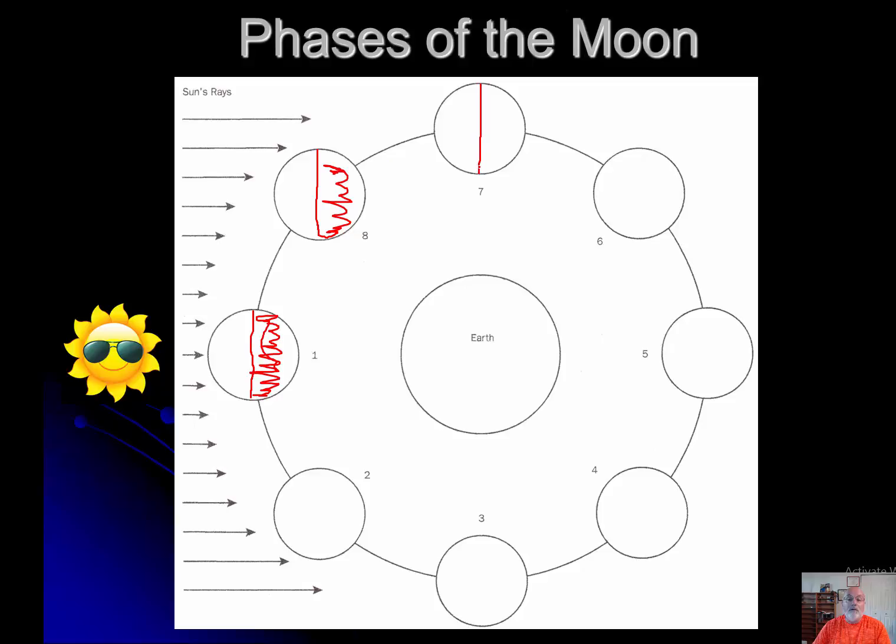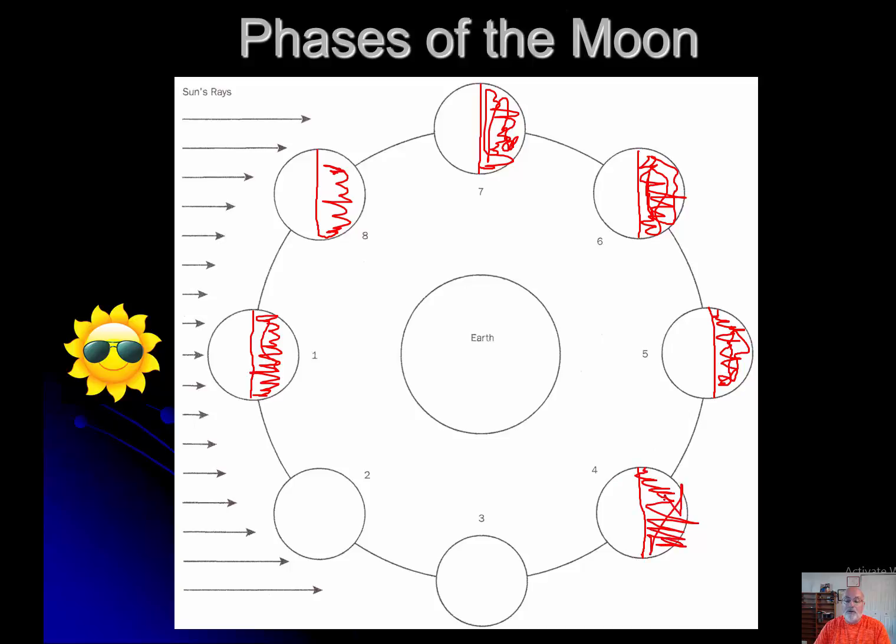And I'll draw what it looks like from Earth in class. Hopefully I'll give you a different diagram that actually has an inside and outside. But viewed from space, the dark side's always going to be away from the sun.